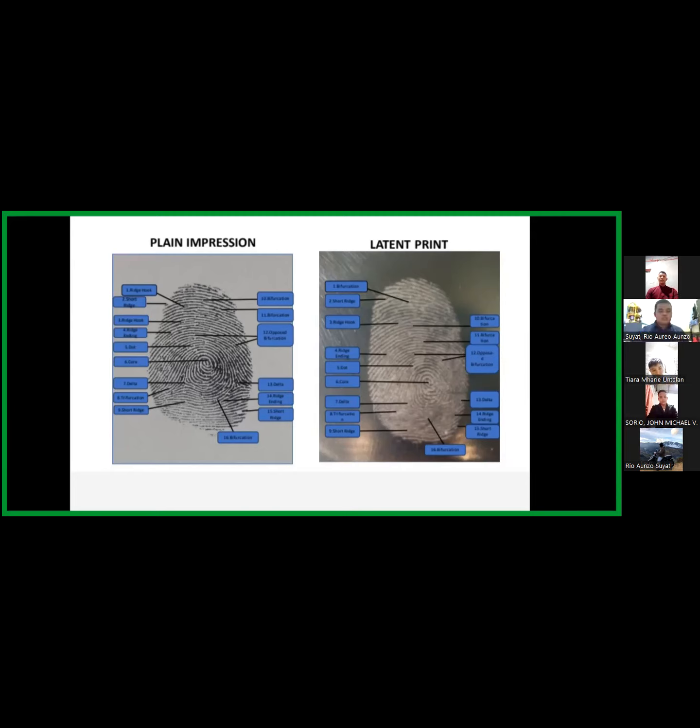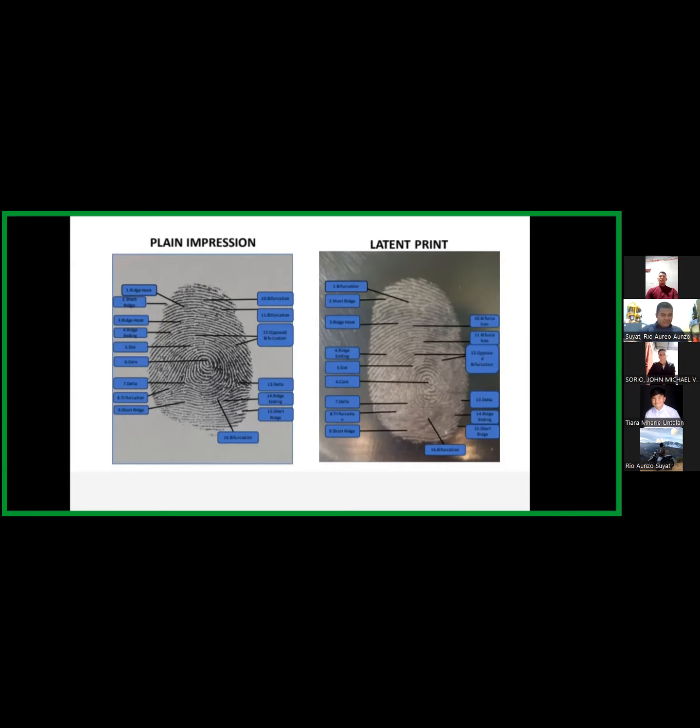Next is bifurcation. Bifurcation is a single ridge which splits into two ridges going side by side or parallel to each other. Number 4 is ridge hook. A ridge that divides to form two ridges, one connecting ridge which splits at the side, is extremely shorter than the other. Next, ending ridge.